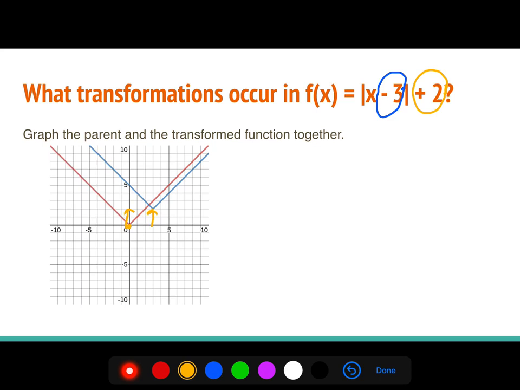He's moved over also, but we can tell he's moved up at least 2. This part's the up 2. Now, I also notice from the little 0, 0, this guy moved over to the right, and it looks like he went to the right 3 units. So he went up 2 and right 3 in this graph. Or if you look at the equation, the +2 is at the end, so up 2. The -3 is inside, so right 3.